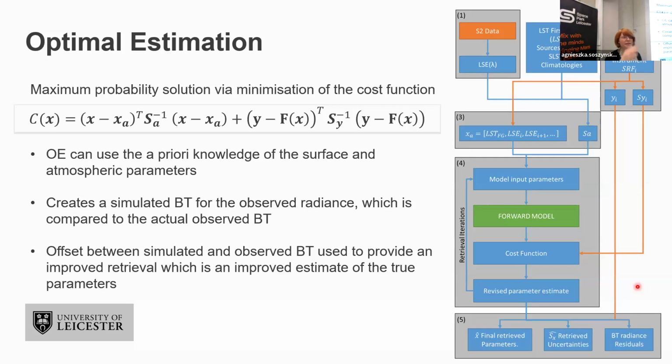The lower the cost, obviously, the better the guess. And so the algorithm can increase the accuracy of the retrieval by simulating what it thinks is going to be the outcome versus what was the measurement. And the offset between simulated and observed is then used to retrieve in the end.